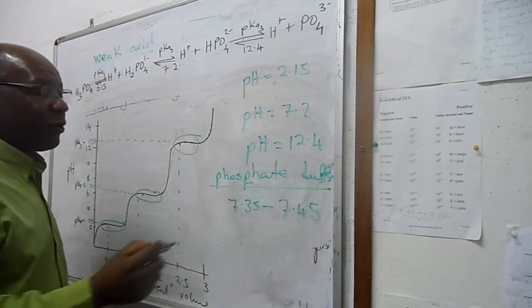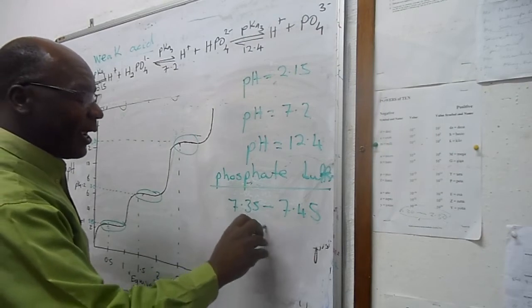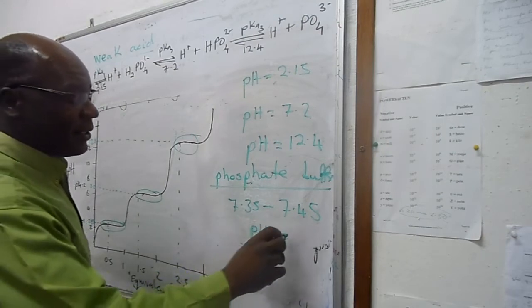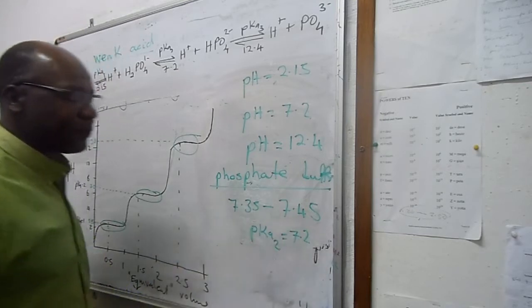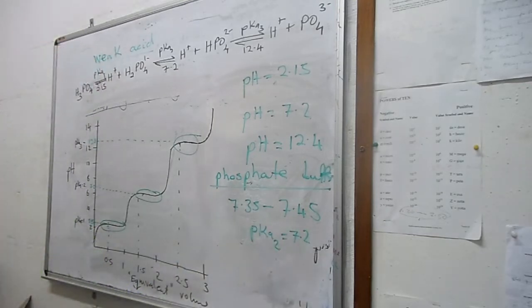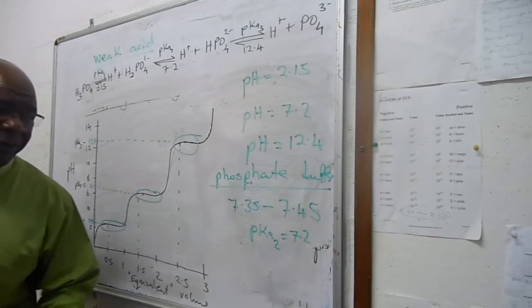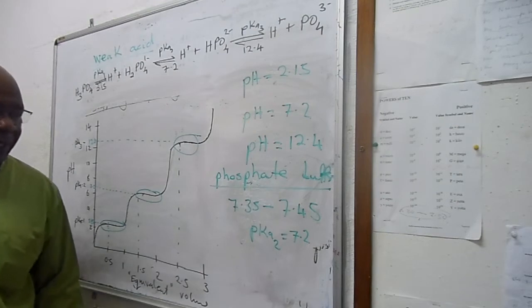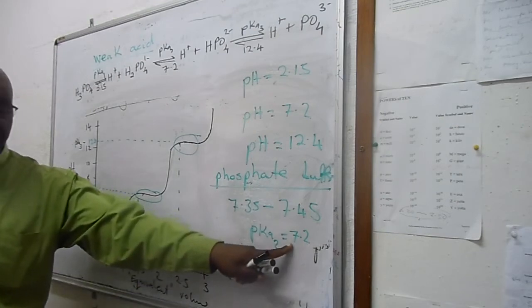So if you look at the pKa2 of phosphoric acid, it is about 7.2. Remember we said that a buffer can act as a buffer if it is within 1 plus or 1 minus the pKa. So this falls in that range.